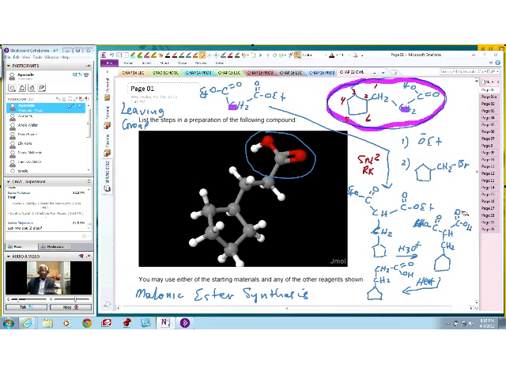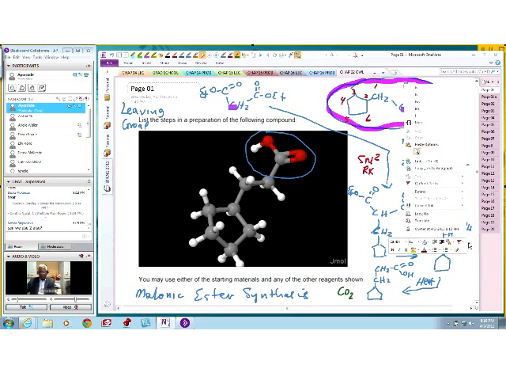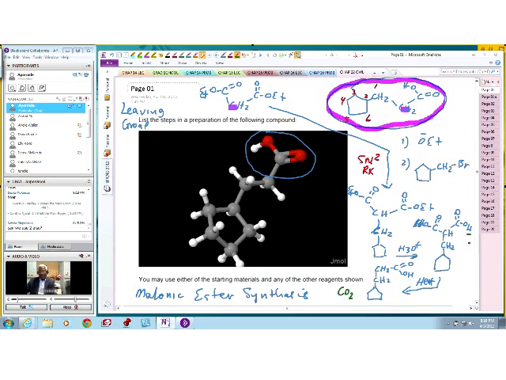When you apply heat, you are going to lose a carbon dioxide right here. So carbon dioxide will be lost. So here we form carbon dioxide. And then you also notice here, this hydrogen here, actually one of these hydrogens right here, belongs to this hydrogen here.